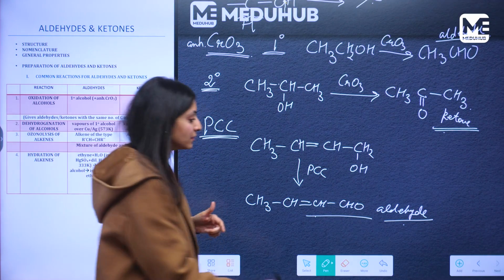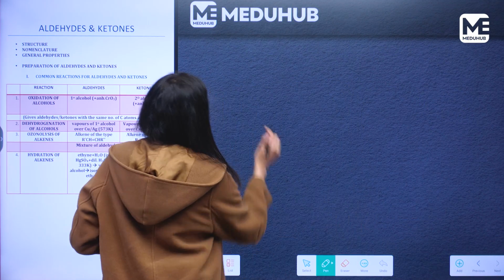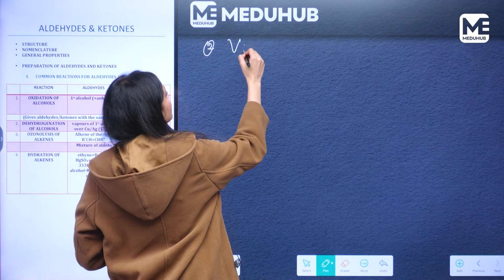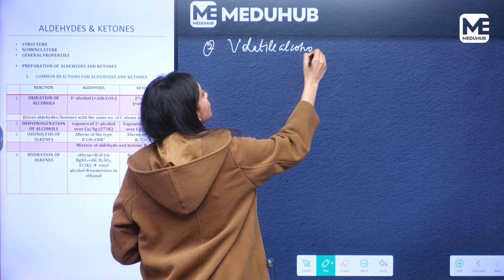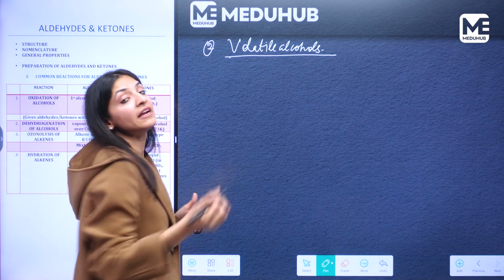There is another method which is used for volatile alcohols. So this is oxidation of volatile alcohols.